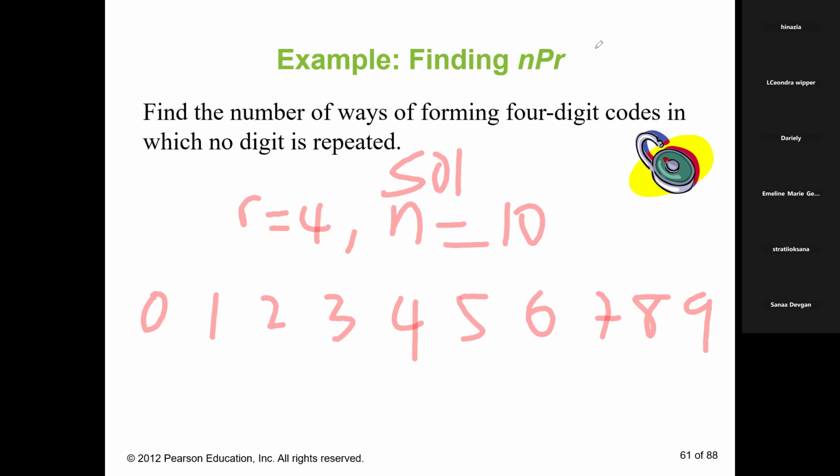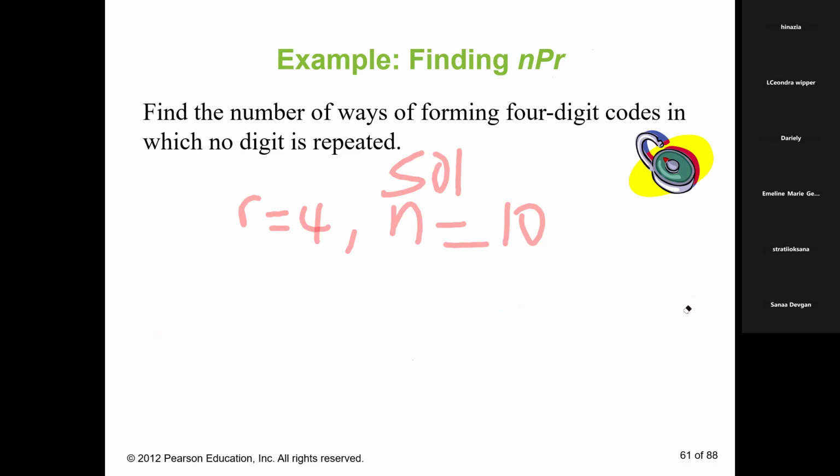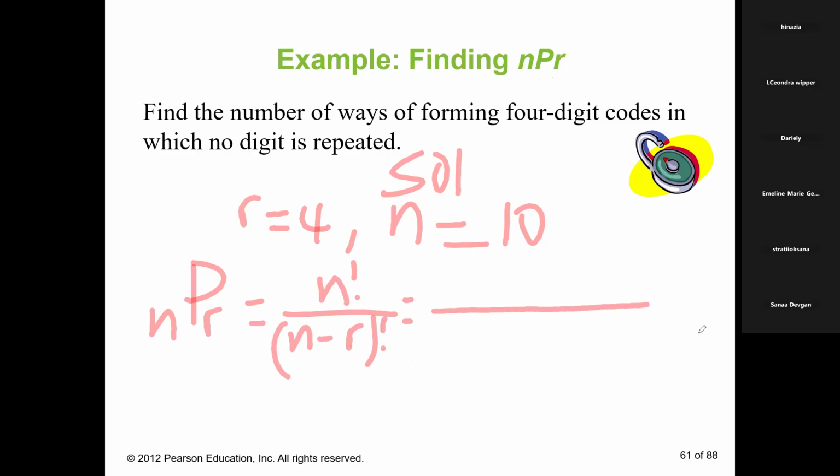What you're going to do here, you're going to use permutation because you cannot repeat a digit, okay? So you use permutation here. nPr is n factorial over n minus r factorial. What is n? n is 10. What is r? r is 4. Okay?